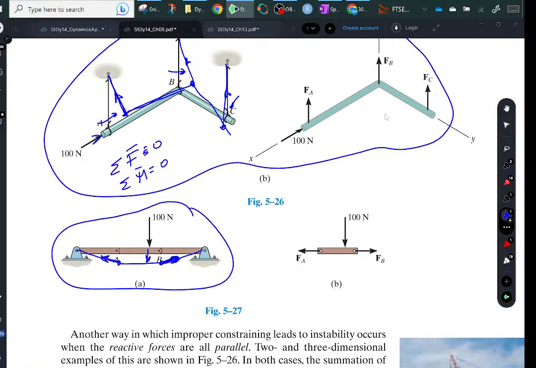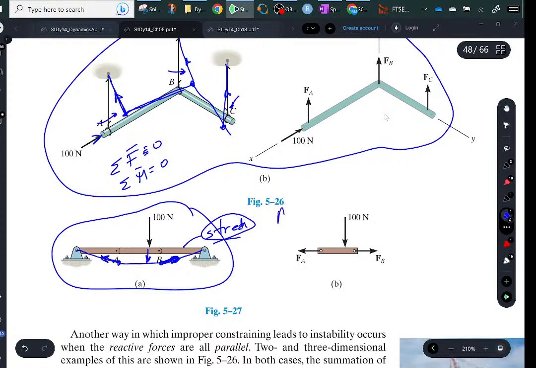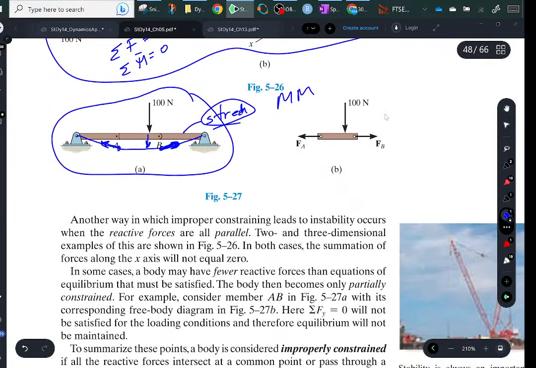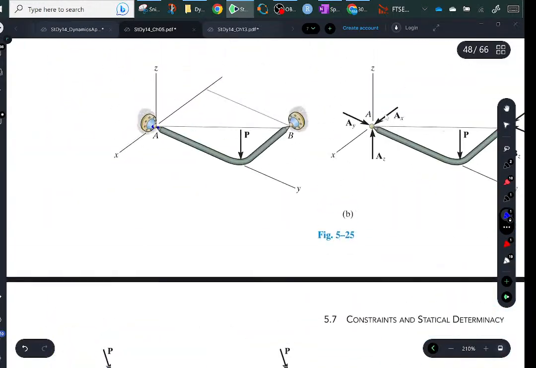But it will drop to the point it stretches. Okay, if it stretches, then you're in mechanics of materials. So that's statically indeterminate. With mechanics of materials, it's easily determinable. And physically it will actually happen.